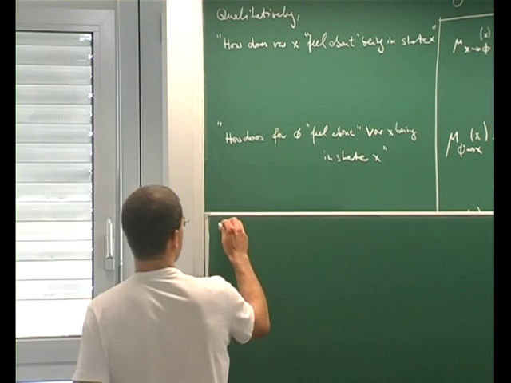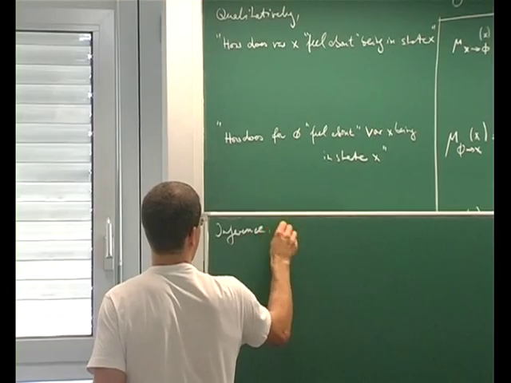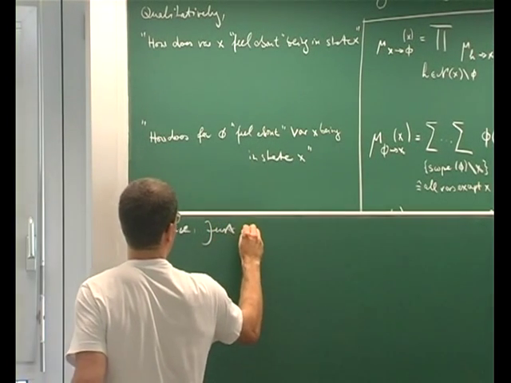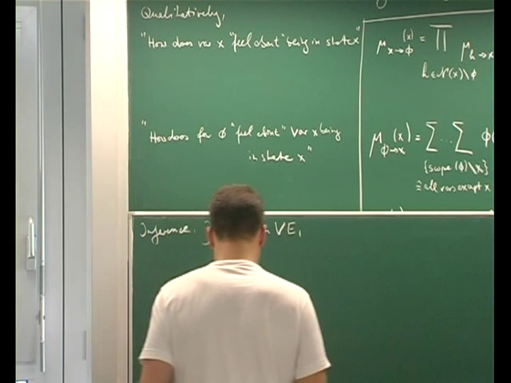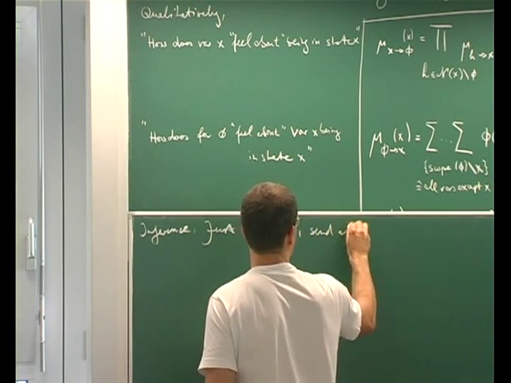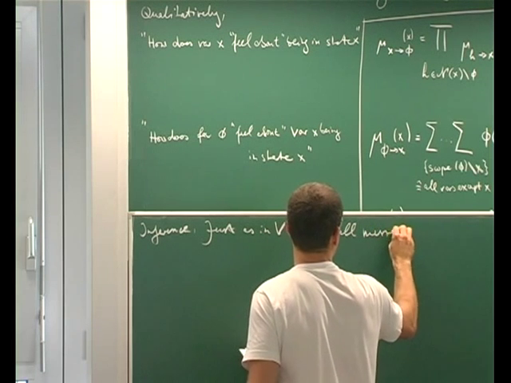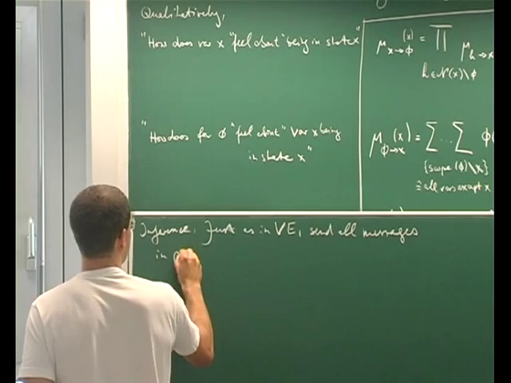Okay, and for inference, just as in variable elimination, we can send messages in proper order.